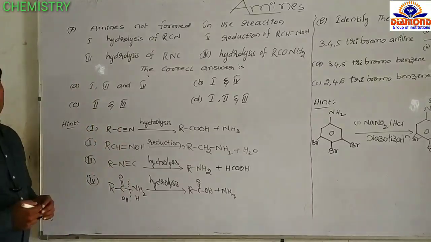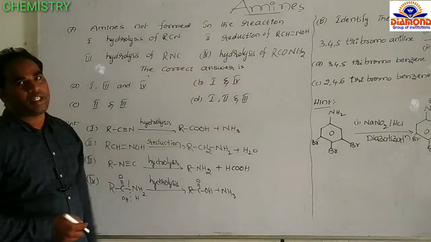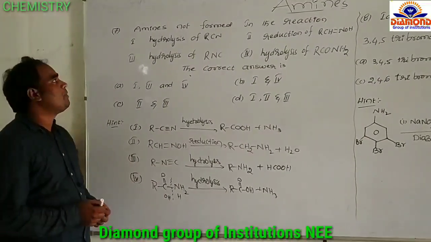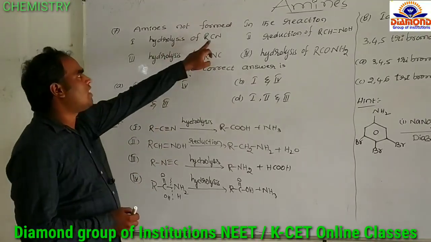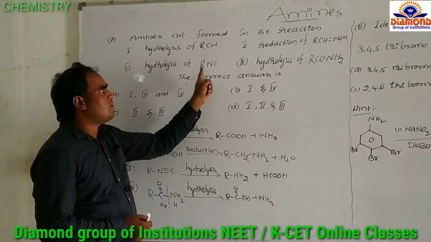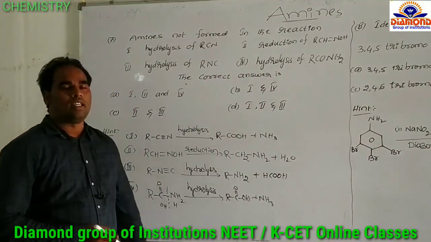So here, the seventh question: amines not formed in the reaction. One is hydrolysis of alkyl cyanide, two reduction of aldoxime, three hydrolysis of alkyl isocyanide, fourth hydrolysis of amide.